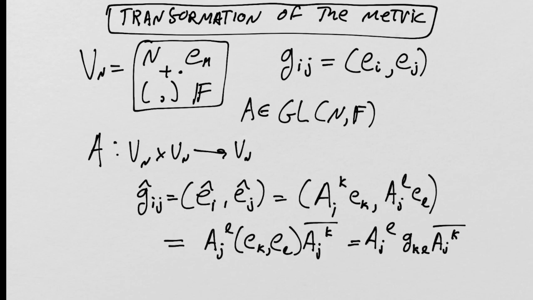And what we come up with is this. We write the hat. I said prime, but I prefer hat for the purposes of this whiteboard. The hat value of Gij is defined, by definition, in terms of the new basis, the hat basis. But the hat basis is clearly defined in terms of the unhat basis via this matrix. And we write it now in full matrix notation, right? So AJK is how we write a matrix in the work we do. Lowercase j, uppercase k.